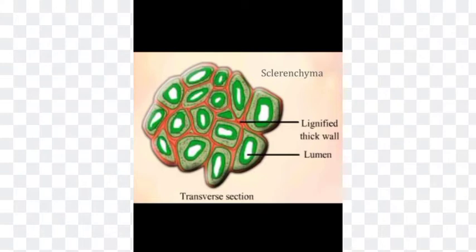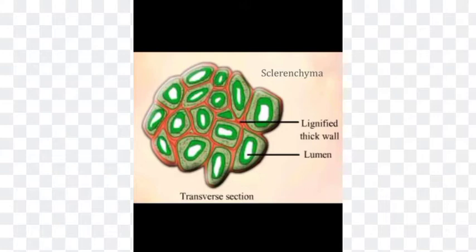Now this is another type of permanent tissue, that is sclerenchyma. Here this is the transverse section of sclerenchyma. It is the tissue which makes the plant hard and stiff. As we have seen, the husk of a coconut is very hard from outside due to the presence of sclerenchymatous tissue.